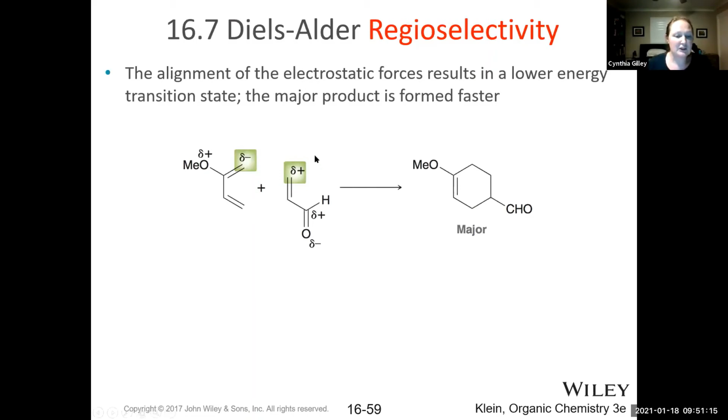So what we actually needed to do is flip this entire dienophile over so that there's an alignment between the delta negative carbon on the diene and the delta positive carbon on the dienophile. And this electrostatic attraction, again, results in a lower energy transition state. And it's all about the transition state because the Diels-Alder reaction is kinetically controlled. So we end up giving this as the major regioisomer, aka constitutional isomer, as the product.